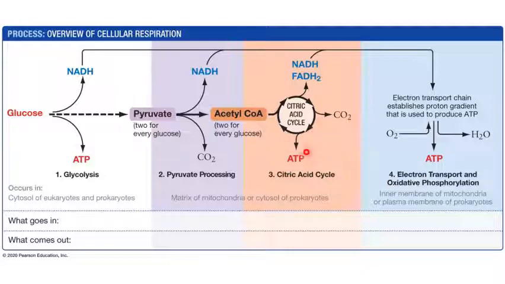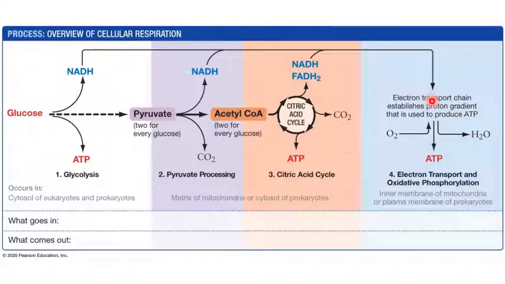You're also making a little bit of ATP in the Krebs cycle, and you're making a lot of electron carriers. You're reducing a lot of electron carriers by adding electrons to them, both NADH and a little bit of FADH2. All of the electron carriers that you made in all of these processes, from glycolysis and from pyruvate oxidation and from the Krebs cycle, are all moving on into oxidative phosphorylation and the electron transport chain.